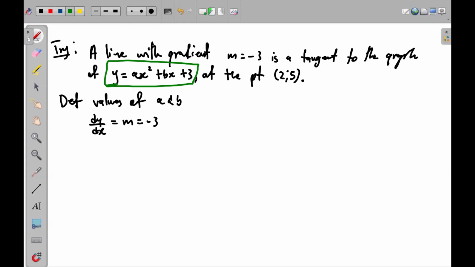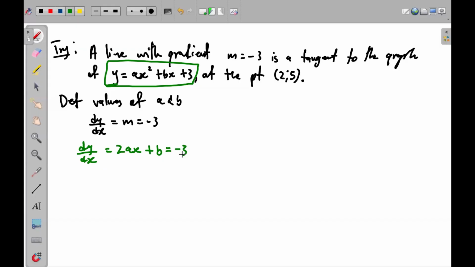So now dy/dx is 2ax plus b. That's all. That's what it is. The constant is 3, and we established that the derivative of a constant is 0. So this is what dy/dx is. And what is this dy/dx? This dy/dx is the gradient.